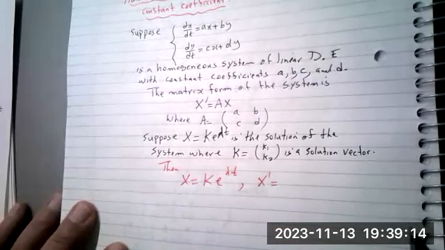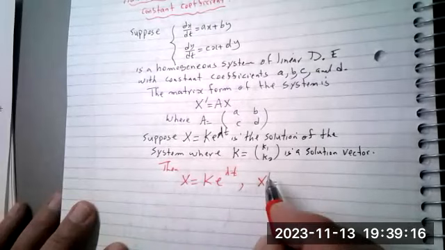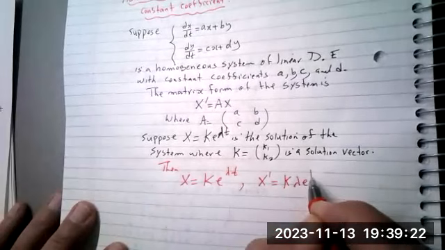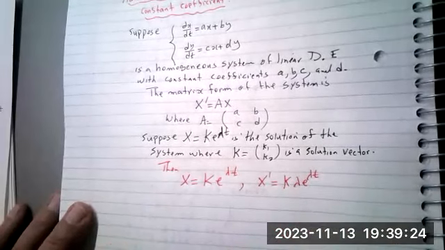K as a vector, times lambda e to the lambda t. That's x prime.